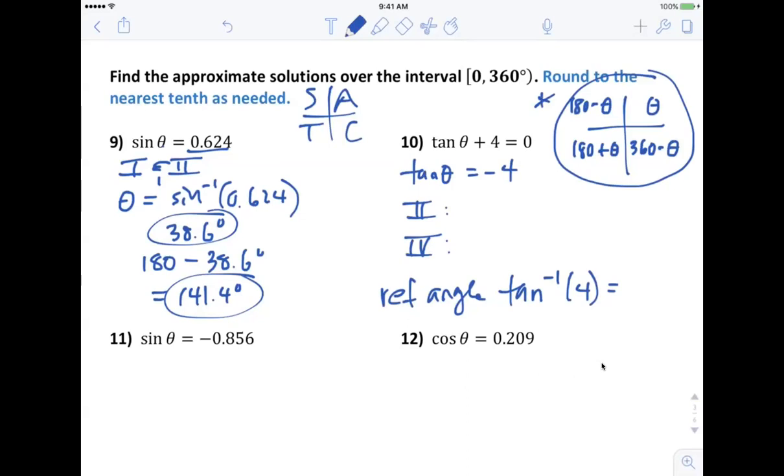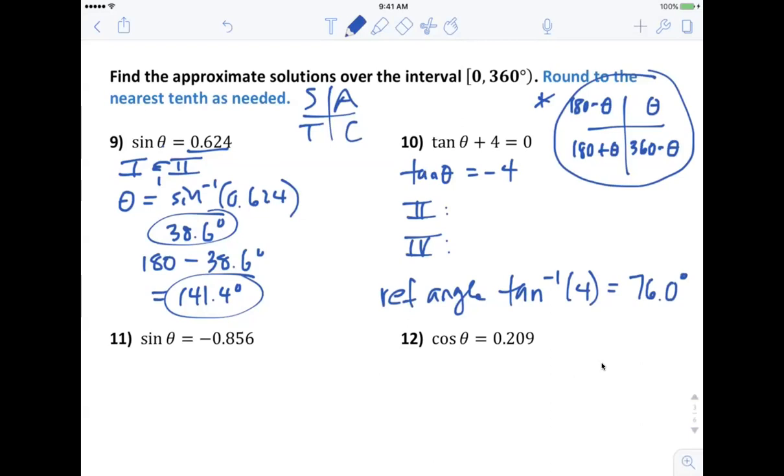So on my calculator, I'm just doing tangent inverse of positive 4, which is about 76.0 degrees, to the nearest tenth of a degree. Okay? That's not an answer because that will be in quadrant 1, and I know my answers are in quadrants 2 and 4.